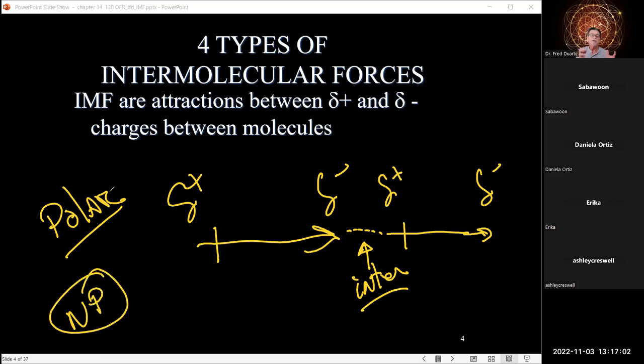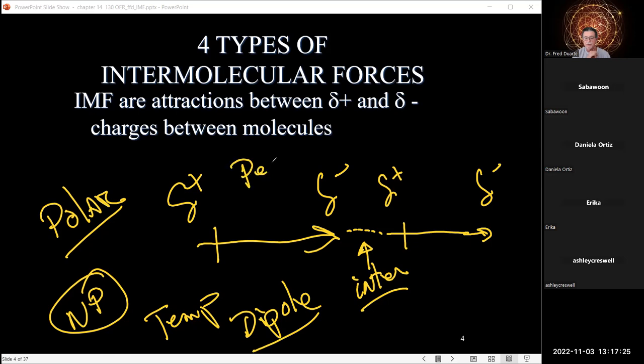Well, they too have a particular type of force, but it occurs because they have a temporary dipole, versus a permanent dipole for polar molecules.